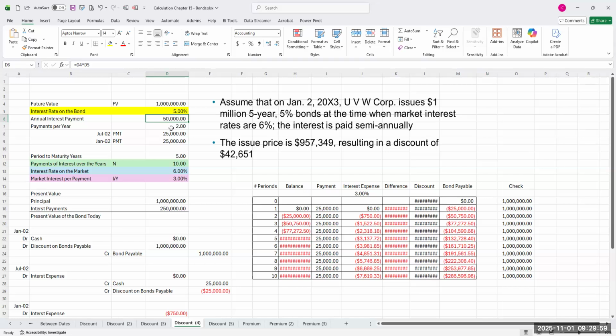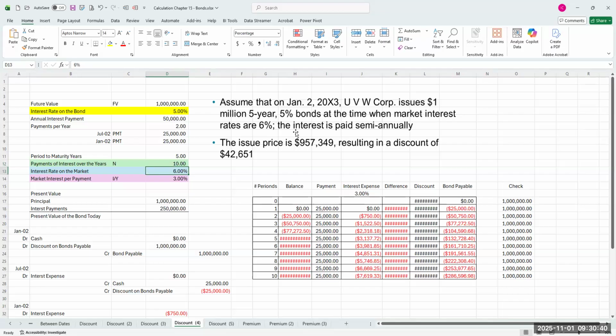Then we check how many times per year those bonds pay the interest, and they pay the interest semi-annually, which means 2 times per year. Then we divide the annual payment by 2 for the days that the payments are made. Then we check the interest rate on the market. Sorry, that's the period that the bonds are going to be outstanding, and that's 5 years. But since we're paying the interest twice a year, that means we're going to have 10 payments over the life of the bonds.